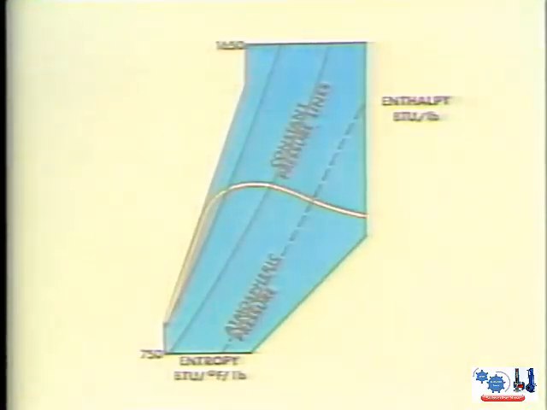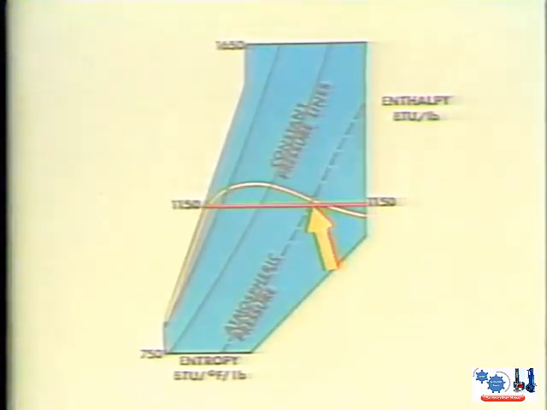If you need to determine the enthalpy of any point on the saturation line, you simply find where the appropriate pressure line and the saturation line intersect and trace it out to the edge of the graph where enthalpy is indicated. For example, if you need to know the enthalpy of steam at saturation temperature and atmospheric pressure, you follow the saturation line until it intersects with the pressure line at 14.696 psia.